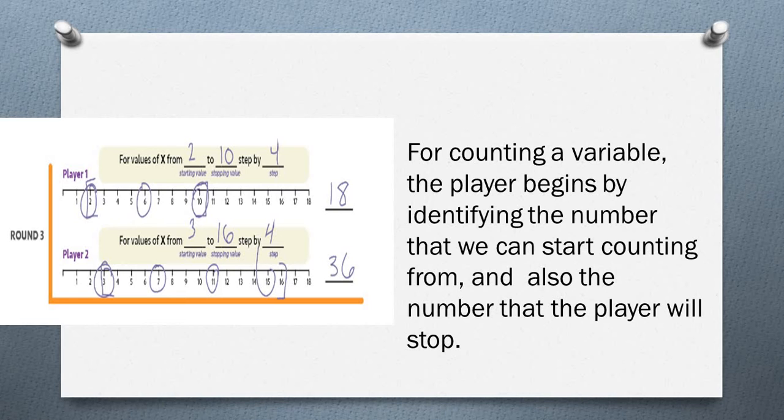Add 4 to 11, it gives you 15. So we are going to add all these variables minus the stop variable. Let's count. 15 plus 11 plus 7 plus 3 gives us 36. So this is how the counter variable works.